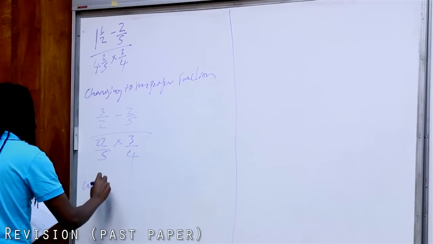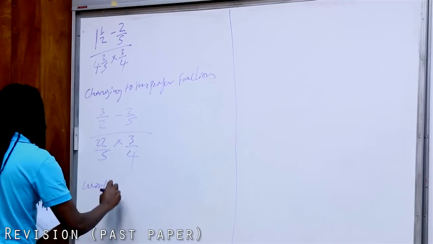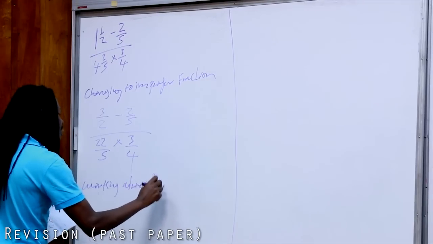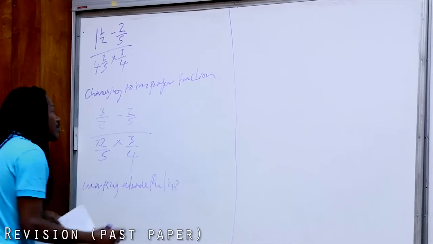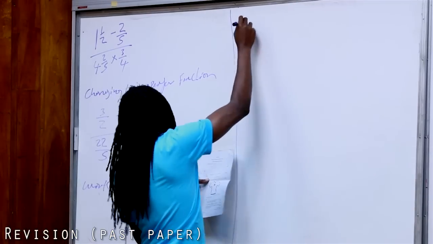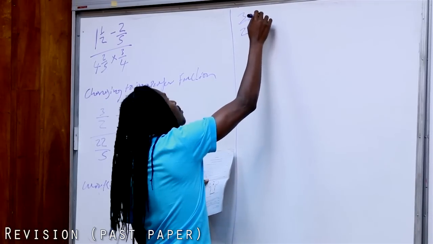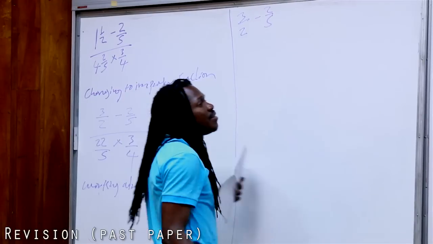Working above the line: 3 over 2 minus 2 over 5.